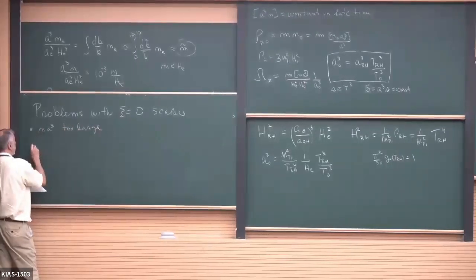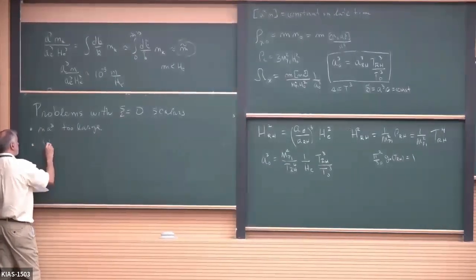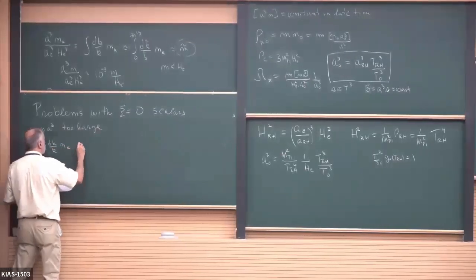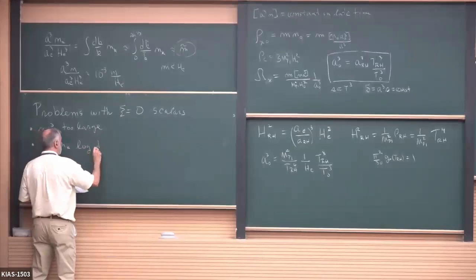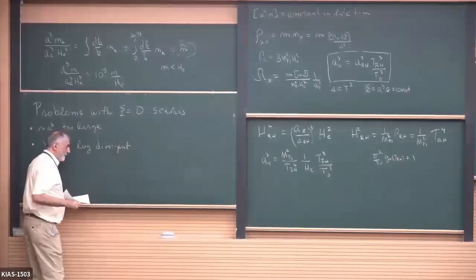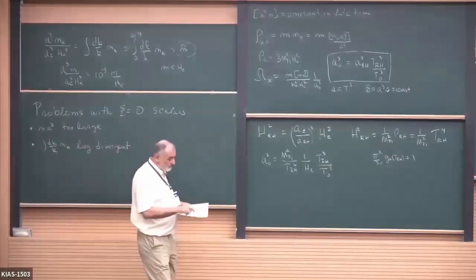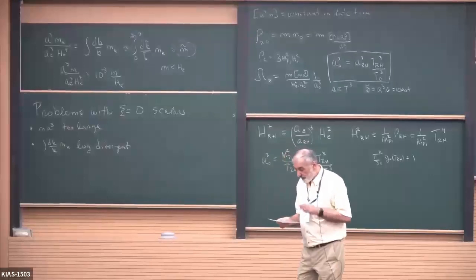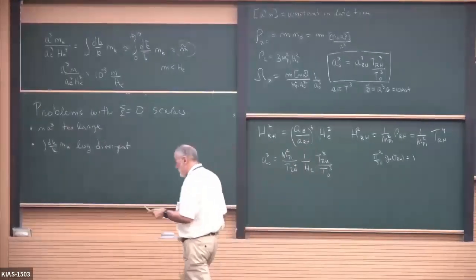The second problem is when you integrate, the spectrum is constant for small k, so as you integrate, it's log divergent, and you have to introduce a cutoff.